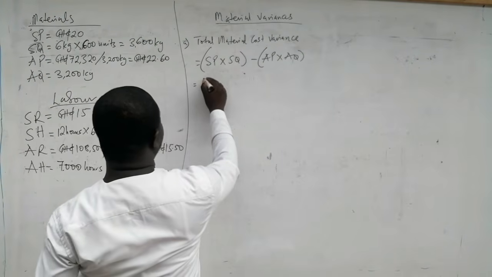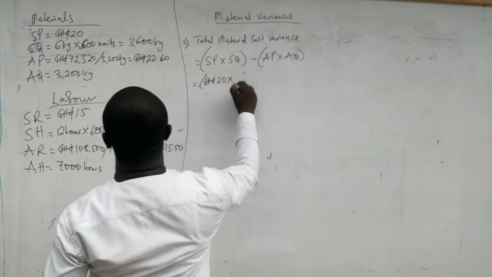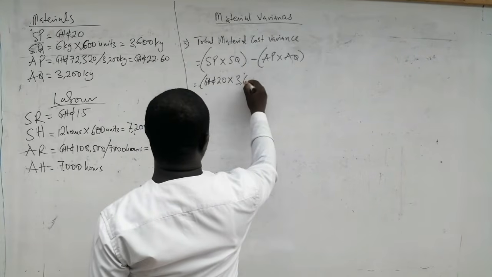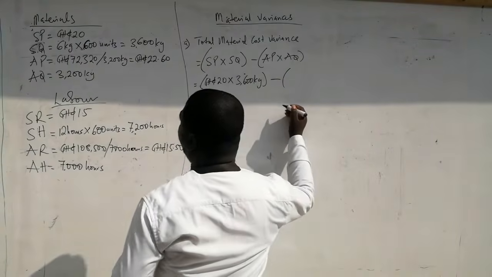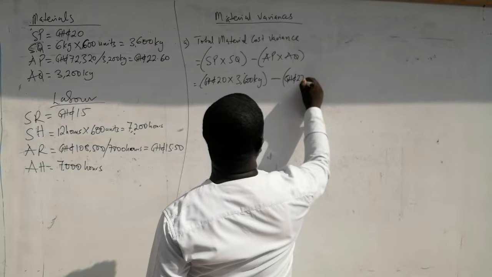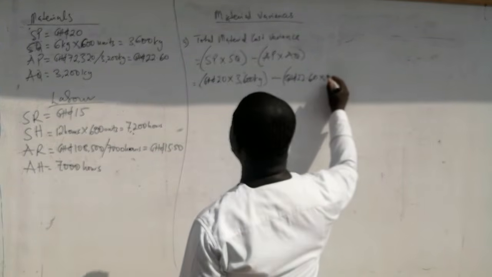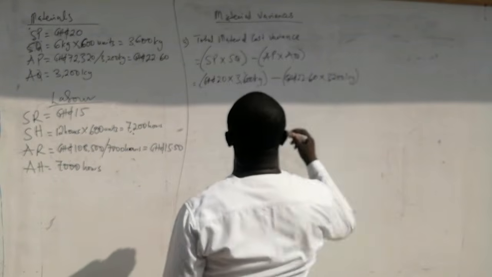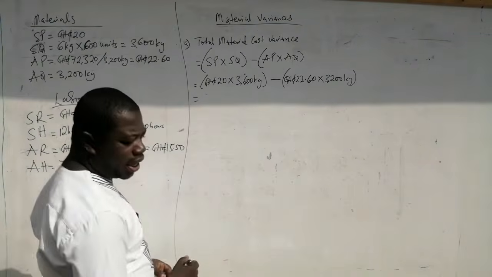Our standard price is 20 cedis. Our standard quantity is 3,600 kg minus our actual price, which is 22 cedis, 60 pesos, times the actual quantity of 3,200 kg. And so we'll multiply this, and then we'll subtract this from the answer.